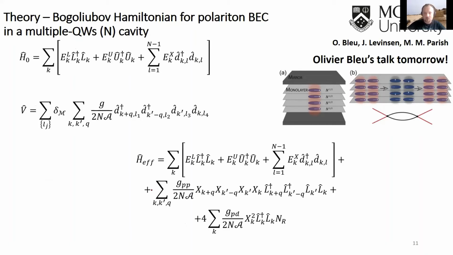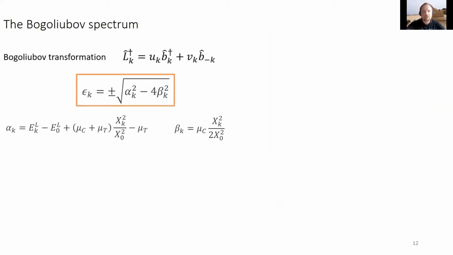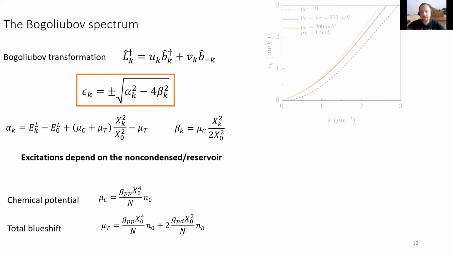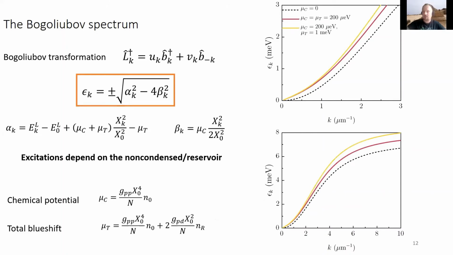Here we have a more or less typical interaction term for polaritons, scaled by Hopfield coefficients, plus an uncondensed part, which is written in a Hartree approximation, so it's a mean value of the operators, but this allows us to include these dark states and the uncondensed part in the Bogoliubov Hamiltonian. The result is that the new Bogoliubov excitation spectrum depends not only on Hopfield coefficients, but also on the non-condensed or reservoir density of the whole system.